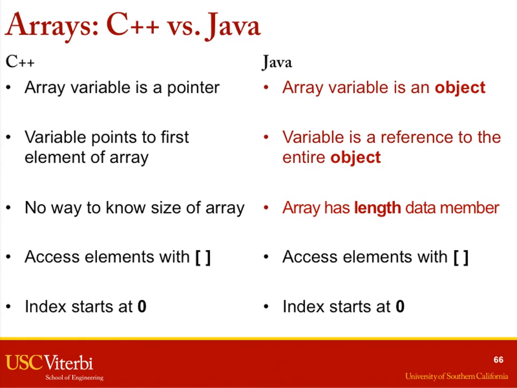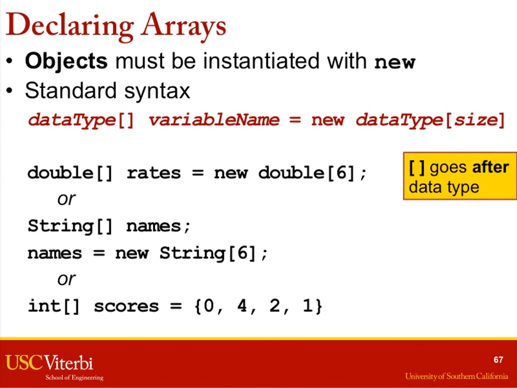To get that first element, you have to use square bracket 0. But the great thing is, because it is an object, there's a length data member. Yay! You can do the variable name dot length and get the length of the array. How great is that, right? Versus having some other variable to keep how big your array is.